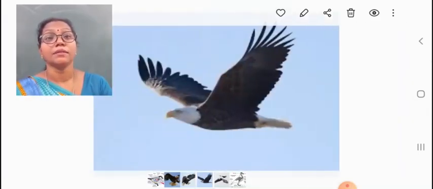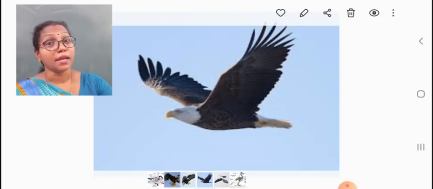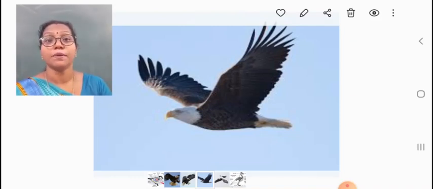While the bird is flying, the upper part of the wings forms a convex shape. That means it remains in a rounded, protruded position. And the lower portion of the wings is concave in shape.